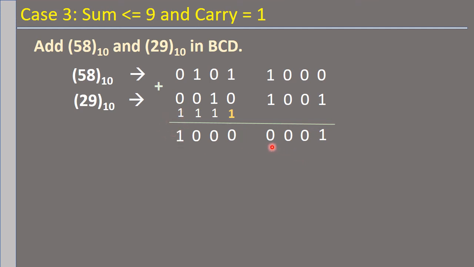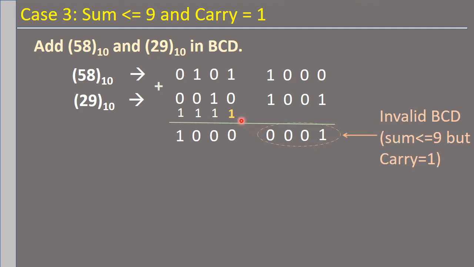If you look at the result, the lower 4 bits seem to be in valid BCD form because 0001 is a valid BCD, but there is a carry generated. So even if the sum is less than 9, there is a carry generated, so it is in invalid BCD form. The second set of 4 bits, that is 1000, is less than 9 and there is no carry generated, so it is obviously in valid BCD form.